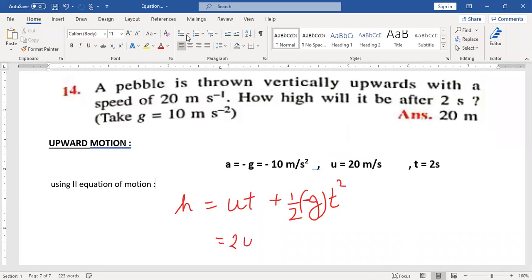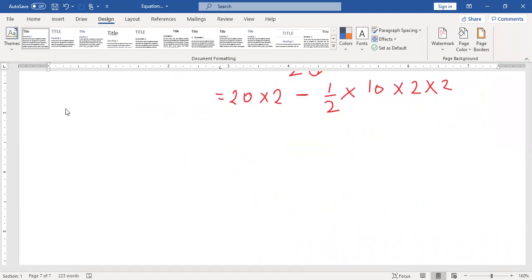U is 20, multiply by time, and this minus can be written ahead, half into g is 10, t square, 2 multiply by 2. So by calculation, this 2 and 2 can cancel out. So you are having 20 into 2, 40 minus 10 into 2, 20. So what is the height? 20 meter.